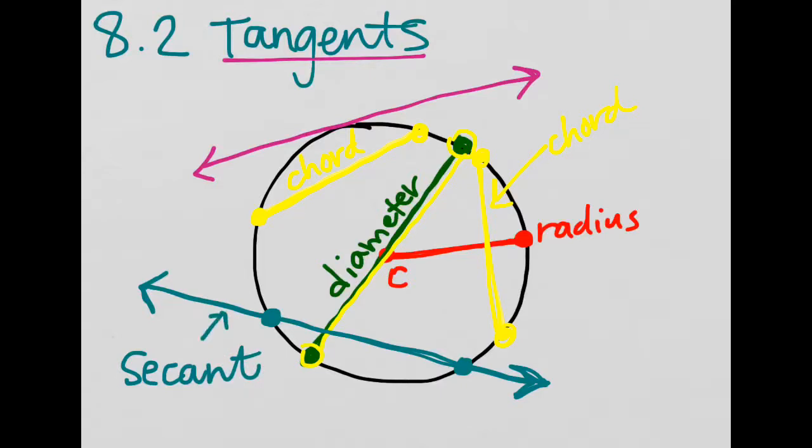Okay. Now, today's new vocabulary word that we're going to talk about is a tangent. It is also a line, so it's similar to a secant in that it's going to go on and on. It's not a line segment with endpoints.